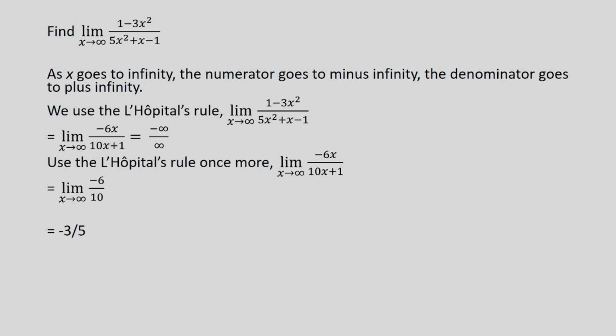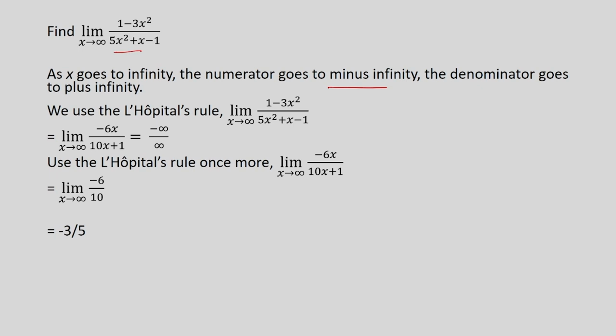Now, you can just look at it and verify that as x goes to infinity, the numerator goes to minus infinity, because you have 1 minus 3x squared. What about the denominator? The denominator goes to plus infinity because you have 5x squared plus x. Therefore, you have a form like minus infinity divided by infinity.